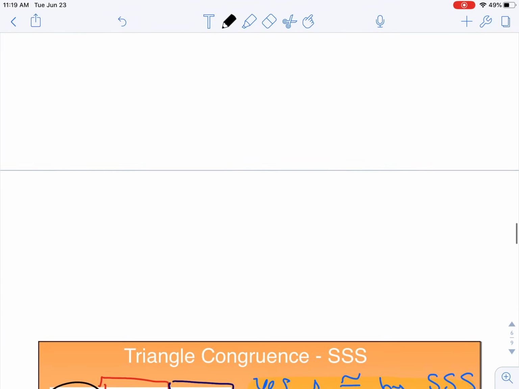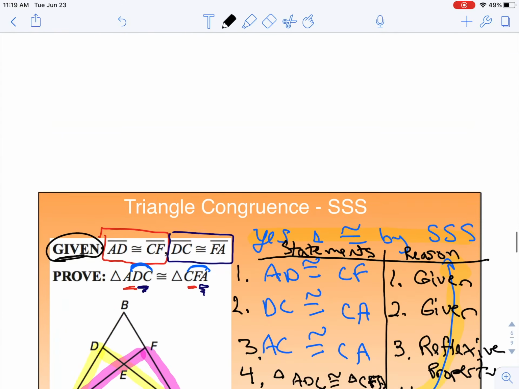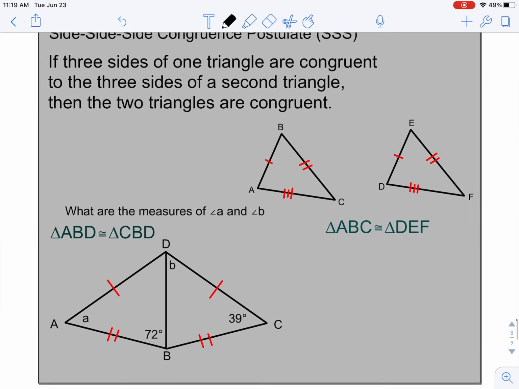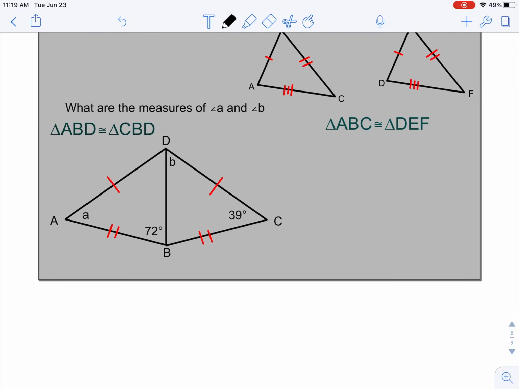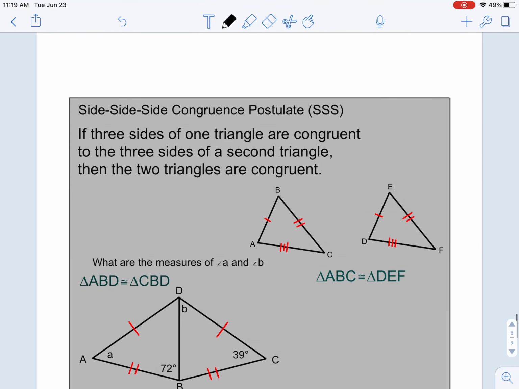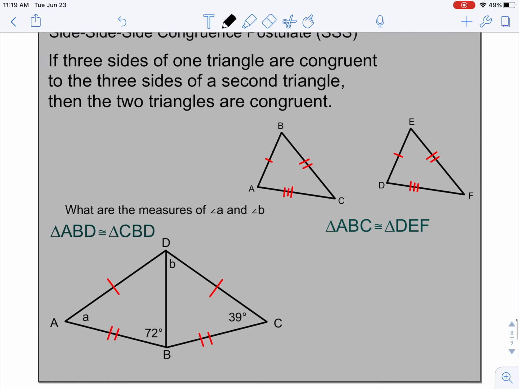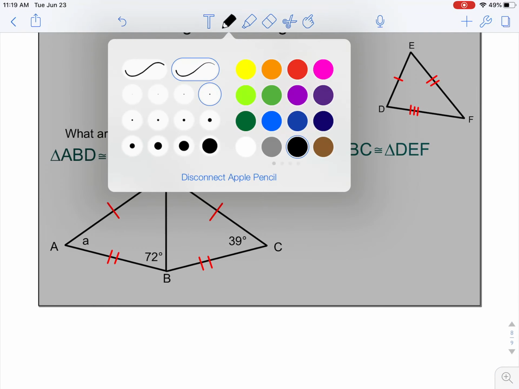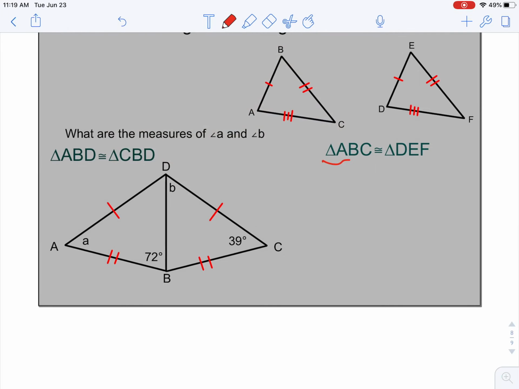I think we just did that one above. So that somehow got in there twice. Sorry about that. And so now let's see if we can figure out, okay, this is just showing you the side, side, side congruence postulate. So if triangle ABC right here is congruent to DEF, we're given that information, then what are the measures of angle A and angle B?